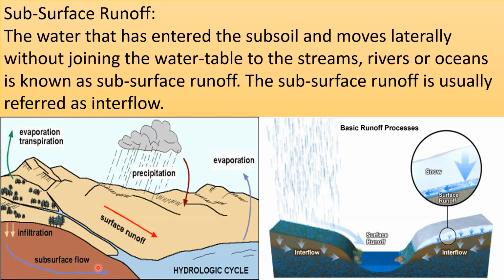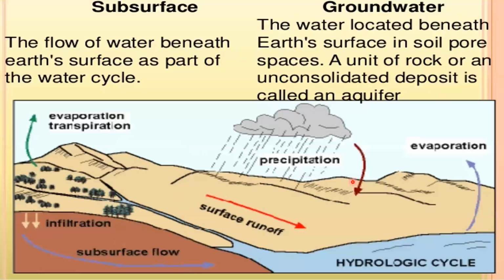This is subsurface flow and this is subsurface runoff. The flow of water beneath Earth's surface as part of the water cycle, that is subsurface. The water located beneath the Earth's surface in soil pore spaces, a unit of rock or an unconsolidated deposit is called an aquifer.